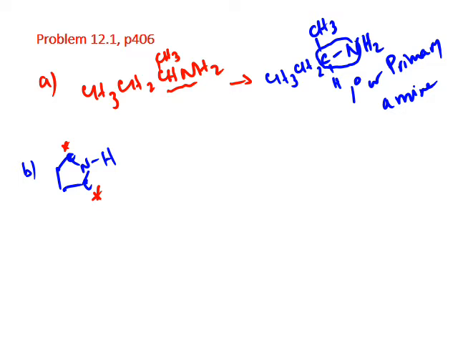So basically we'll be looking at how many points these carbon atoms are bonded to nitrogen. So there are two such points through which carbon atoms are bonded to nitrogen. So it will be now called 2-degree or secondary amine.